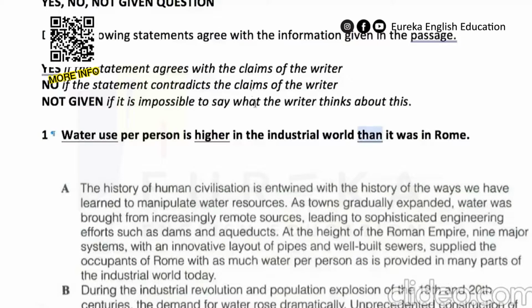We have the comparison between water use in the industrial world and in Rome. I think these are some of the keywords in this question: water use, higher than, industrial world, and then Rome.